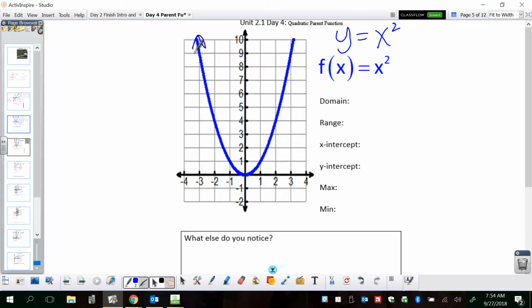Okay, so we have our arrows. What's our domain? Price, are you awake? It's all real numbers because it's never going to quit getting wider. So this is negative infinity to infinity for interval notation, or all real numbers for set notation.